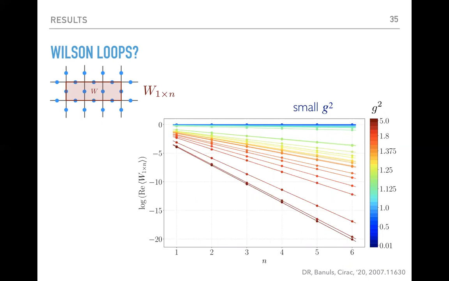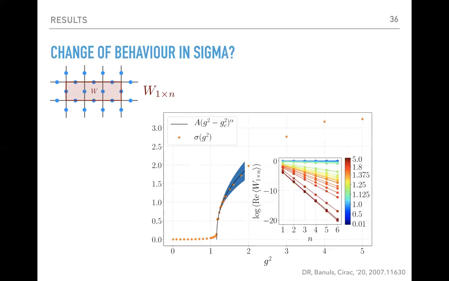And so here's the region of small g squared, here's the region of large g squared. And if you plot the slope, basically the slope of these lines here, you see that from 1 g squared on, the slope suddenly starts to rise, which is an indication of also something going on there.